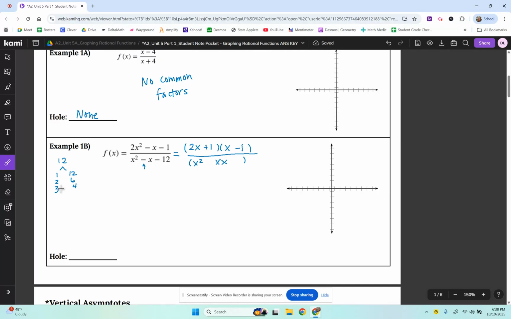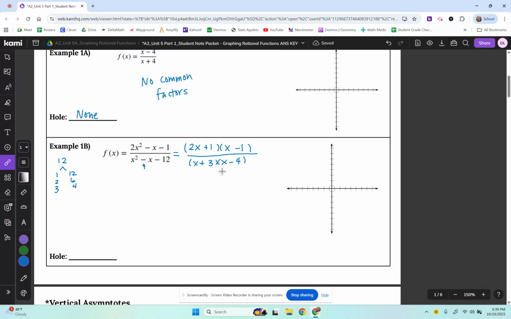So that's going to be 3 and 4. Whoops, I just noticed I put x squared instead of x. 3 and 4, so I can put 3 and 4 in. My b term has to be minus 1, so I need the bigger number to be negative. That way when I FOIL, I get minus 4x plus 3x.